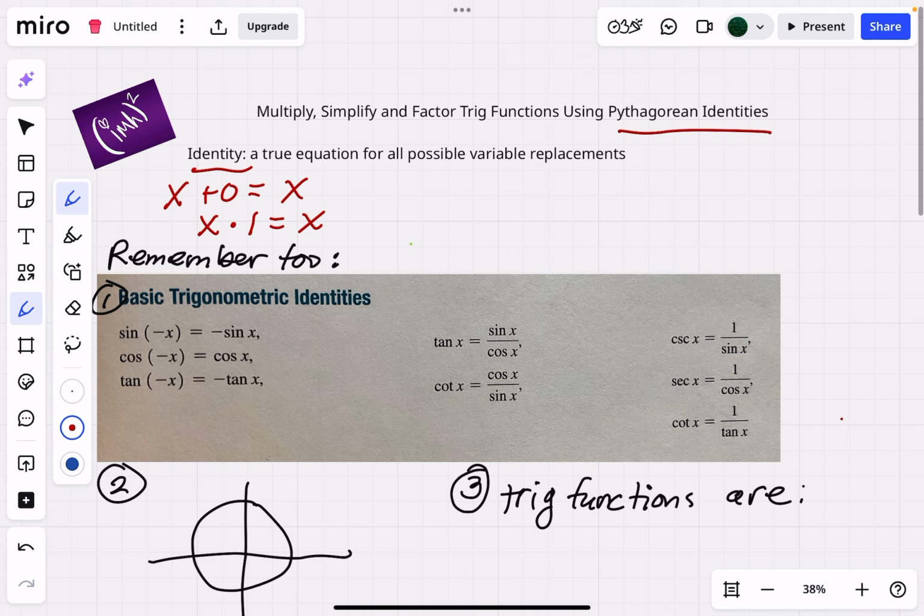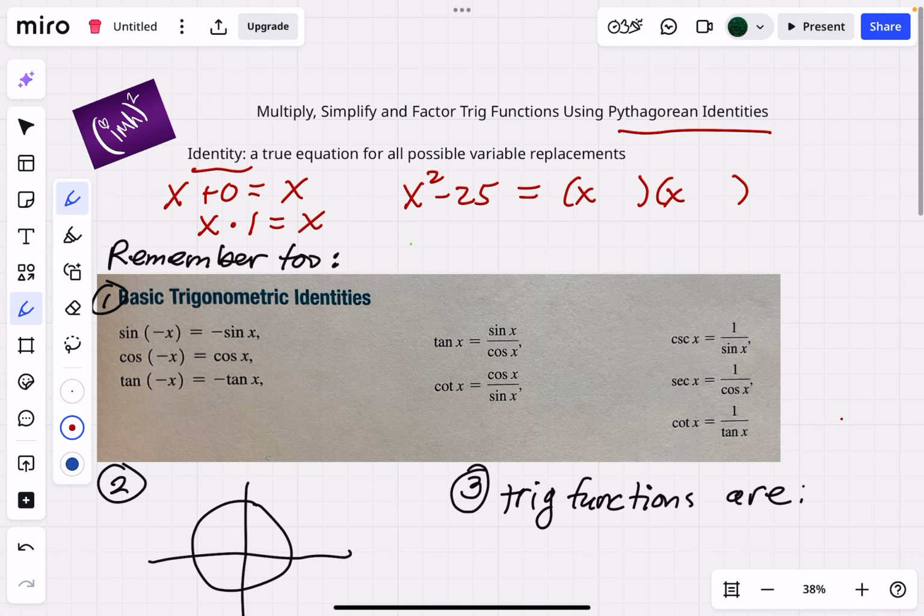Okay, now how about something a little bit more advanced? Let's talk about the difference of two squares. The difference of two squares, hopefully you remember in algebra, can always be factored into the root of both of them.